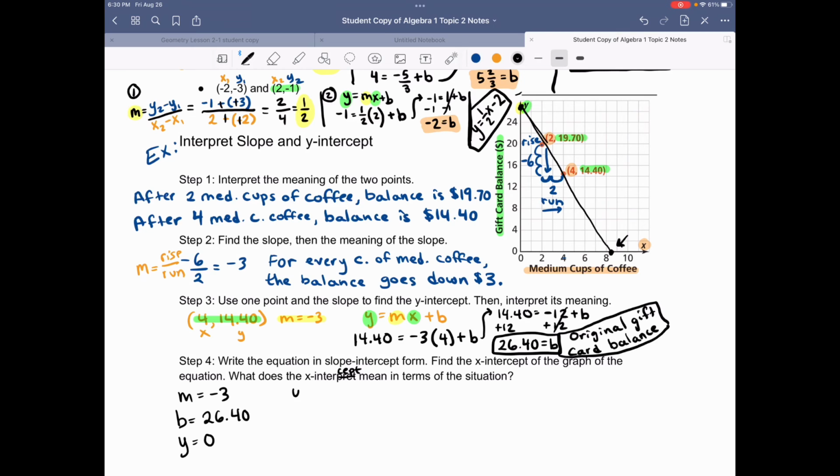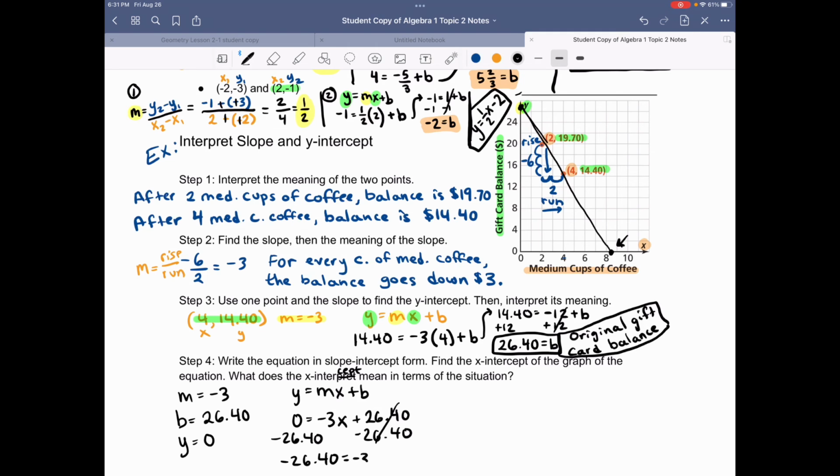So y equals mx plus b. I know everything except x. Y is 0, m is -3, x I don't know, and the y-intercept is 2640. How would I solve for x? Yeah, subtract 2640. That cancels. 0 minus 2640 is -2640.